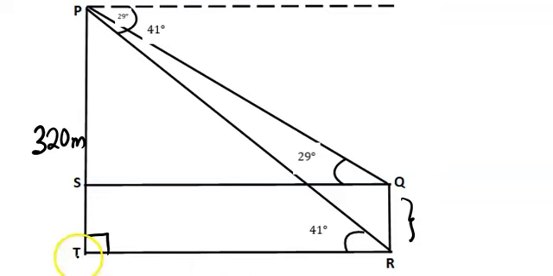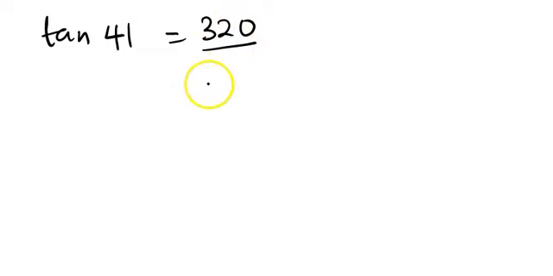So first let's find TR, right? So TR is the adjacent, opposite and adjacent. Which of the ratio? That will be tan. Okay, so you can say that tan 41 degrees is equal to 320, which happens to be the opposite, over TR. That is the adjacent. So we want to find TR. So let's cross multiply.